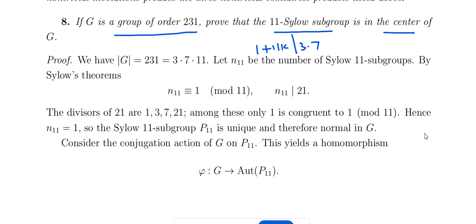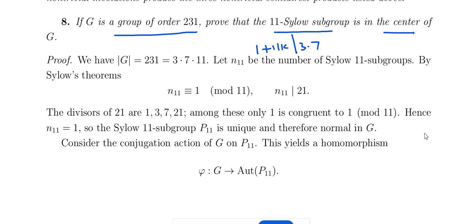23, is it true? 7 into 3 is 21, 22 plus 1 is 23, okay. And n elements divides 21. What about k equal to 2? No, that means 11 plus 1, 12.